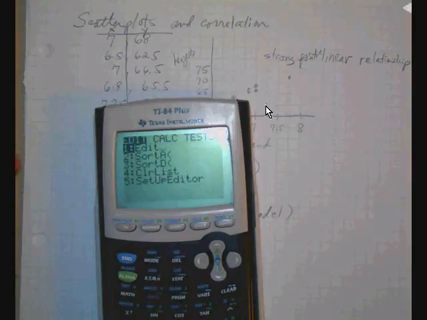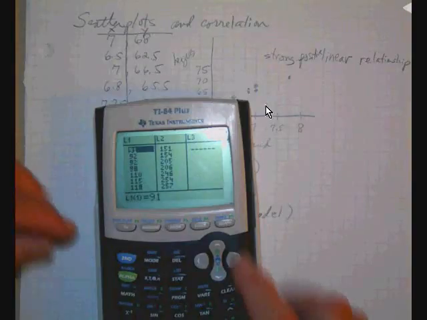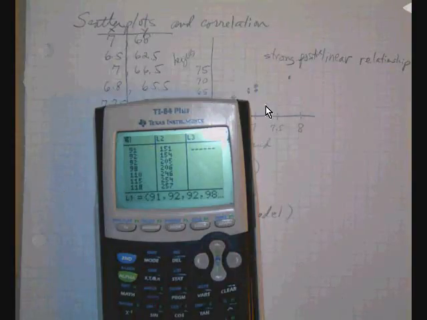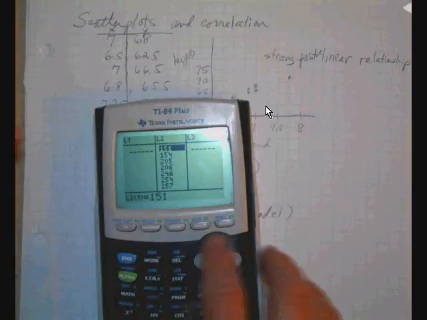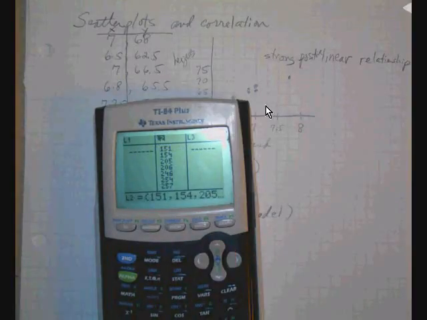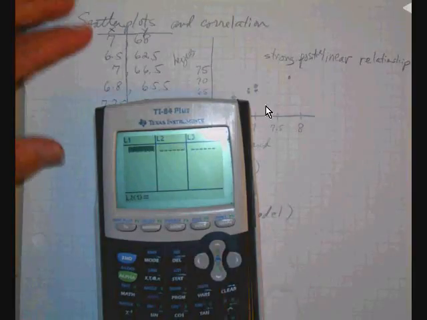Stat, number 1, edit. I arrow all the way up to the top, and which button do I hit? Clear. Don't hit delete. Then you have to go get your list back. Then enter. And I'll arrow over to the second list, because I have 2 variables, all the way up to the top till the L2 is backlit. Hit clear, and enter.